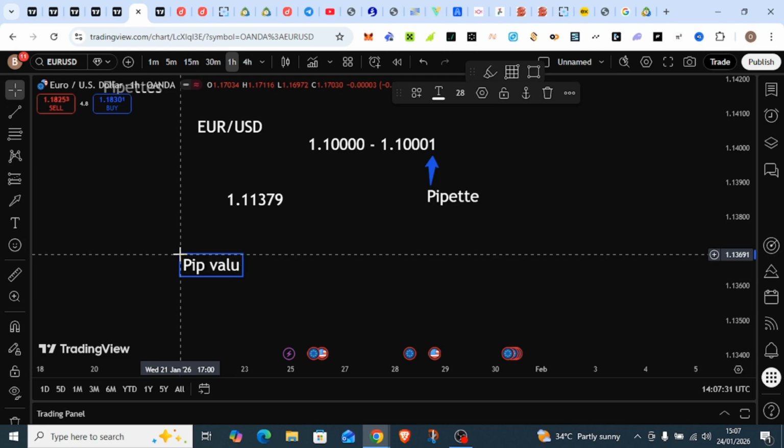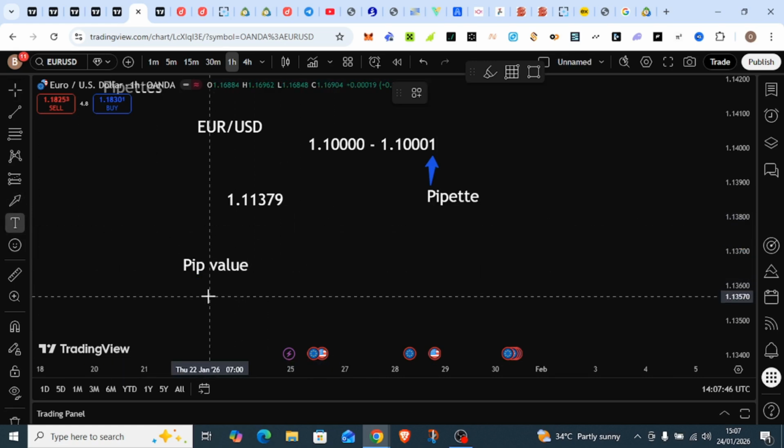Pip value is simply the monetary worth of a pip in a trade, like a pip movement in a trade. Pip value depends on the following. Number one, the currency pair.